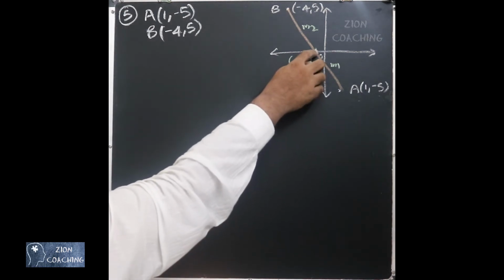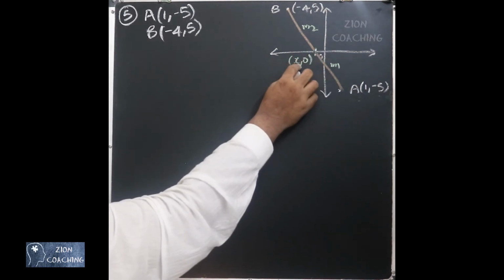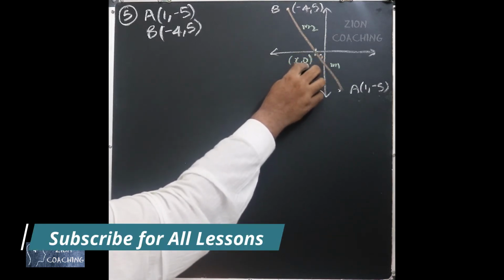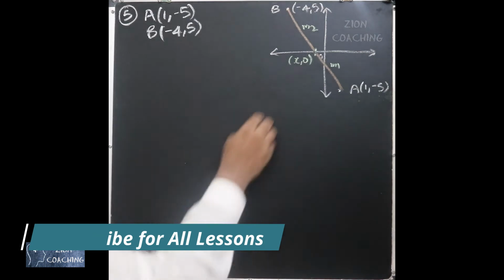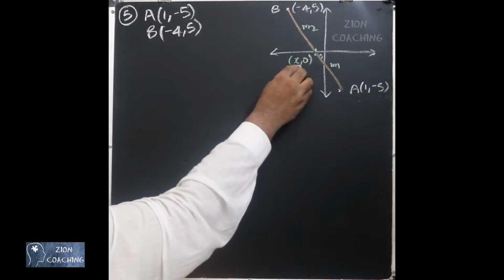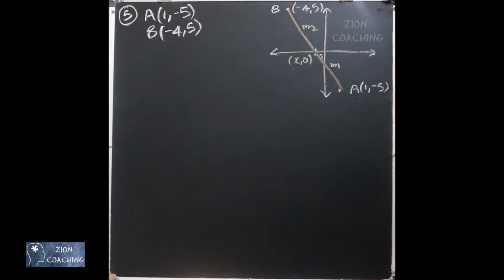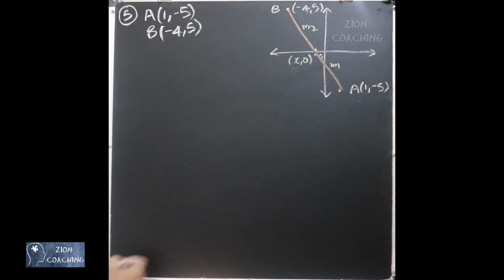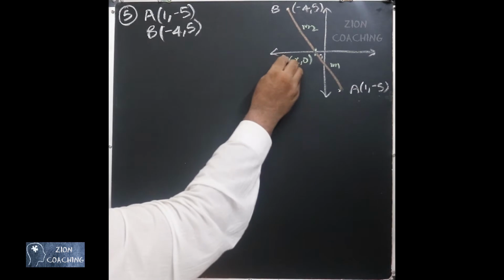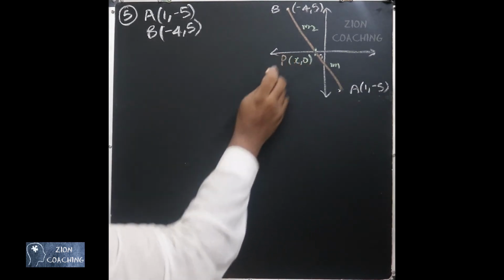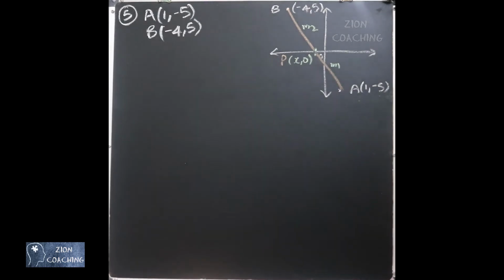Any point on the x-axis is going to be of the form x comma 0, because on the x-axis the y coordinate will be 0. So we have to find the coordinates of this point P, which is x comma 0. If we can find this x, then we can write the exact coordinates of that point P.